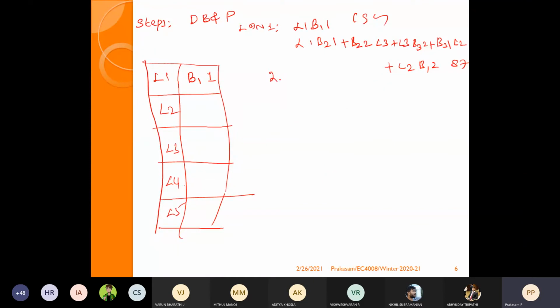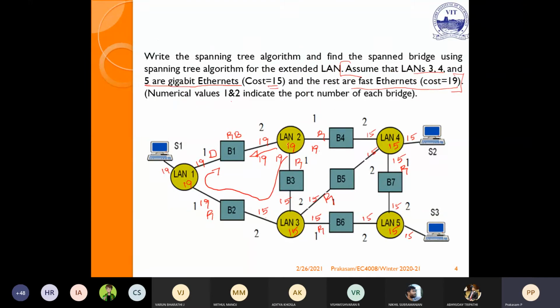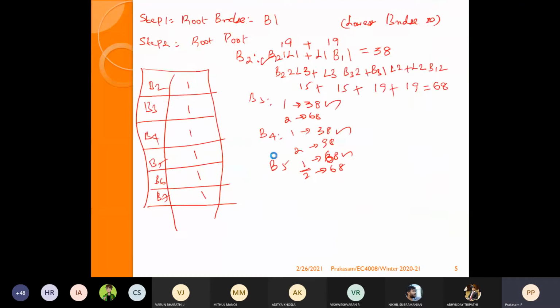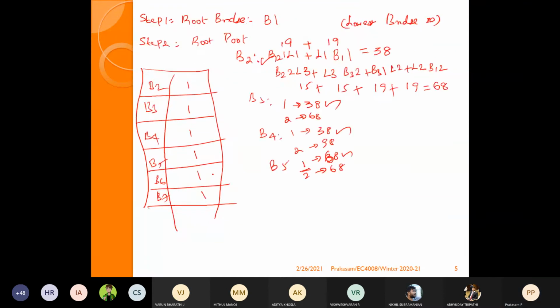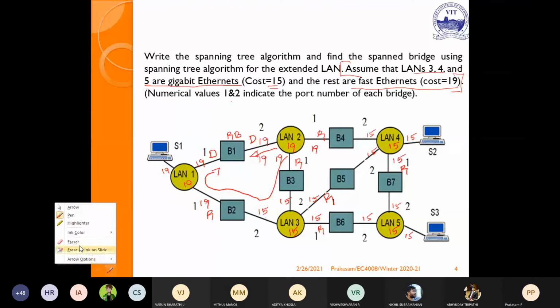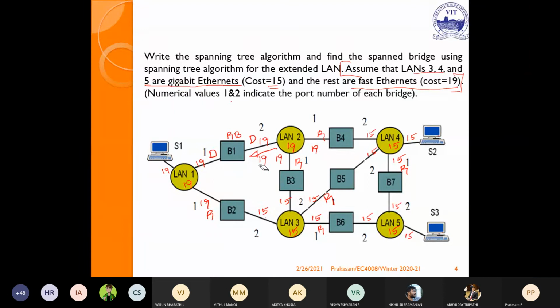So for LAN 2, 19 and 87. So automatically 19 is the shortest path. So for LAN 2, B1, 2 is the designated port. Next for LAN 3.